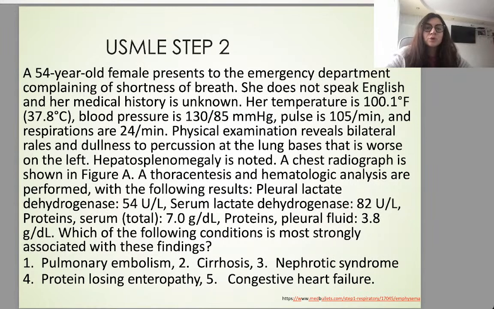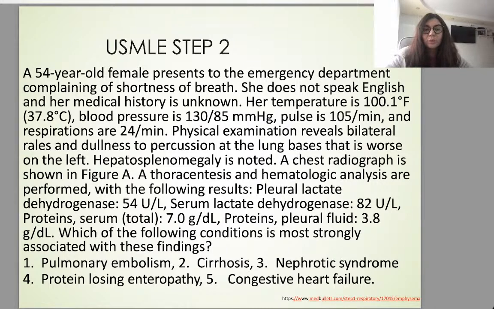Thoracentesis and hematologic analysis are performed with the following results: pleural lactate dehydrogenase 54 units per liter, serum lactate dehydrogenase 82 units, total serum proteins 7.0 grams, proteins in pleural fluid 3.8 grams.